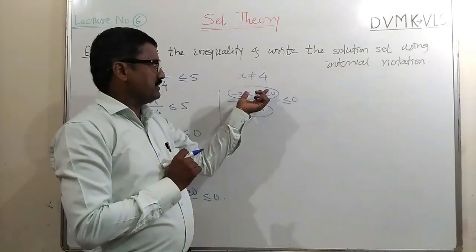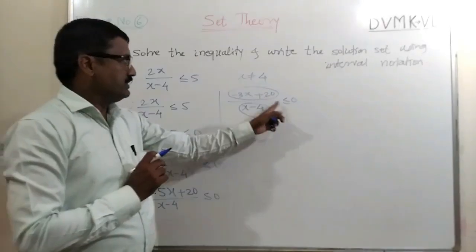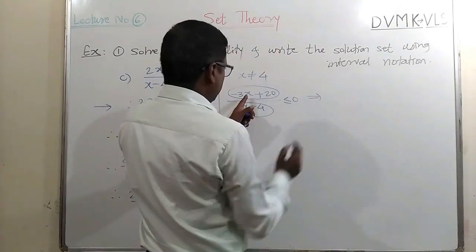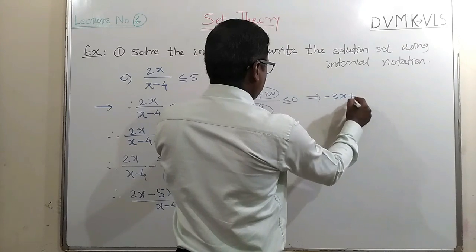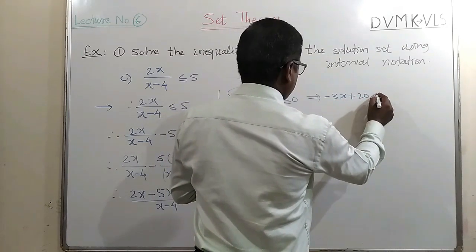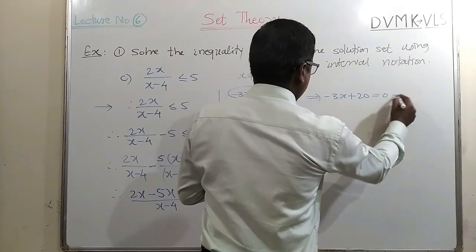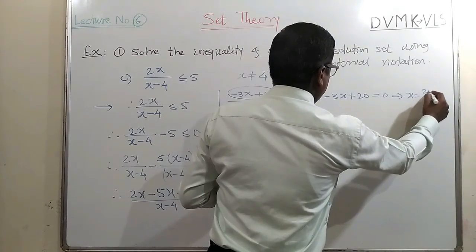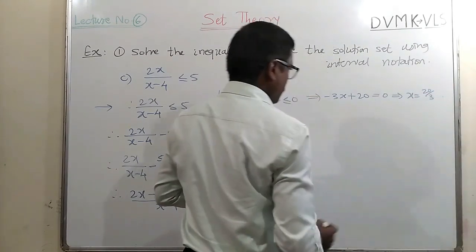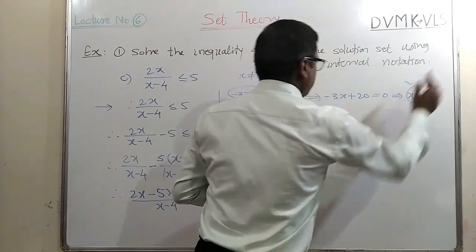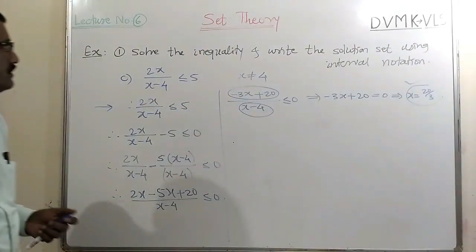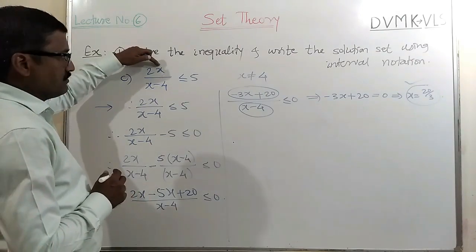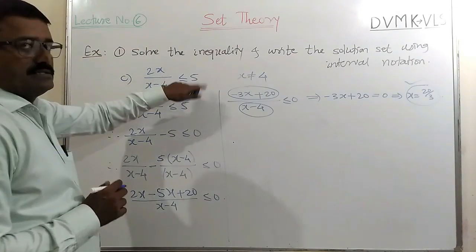When it is equal to 0, when the numerator is 0, we get equal to 0. So this gives us one solution: minus 3x plus 20 is equal to 0 implies x is equal to 20 by 3. That is one of the solutions. If you put x equal to 20 by 3, you will get the answer 5.